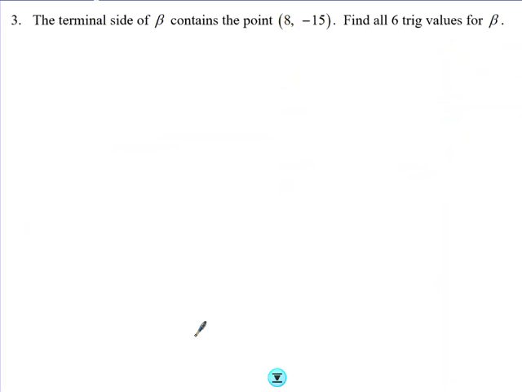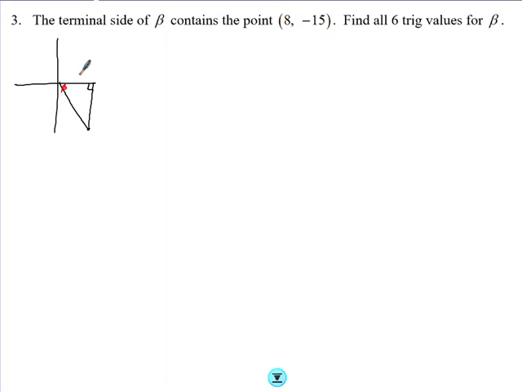For this last problem, we're told that the terminal side of beta contains the point 8, negative 15, and we want to find all 6 trig functions for beta. So let's start by drawing a picture. The point 8, negative 15 is in quadrant 4. This is angle beta.